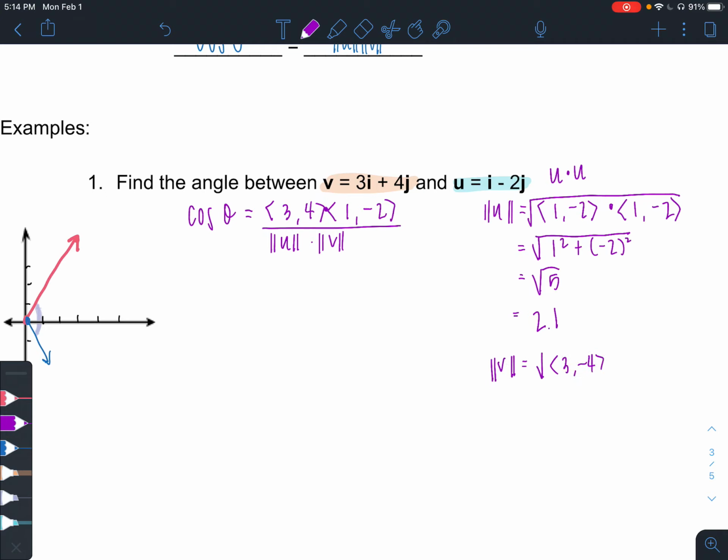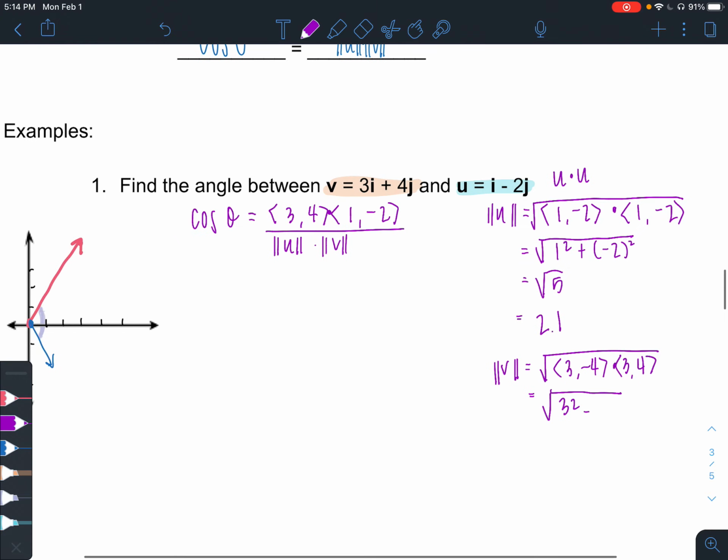So here's v, so then we have the square root of 3 squared plus 4 squared. Oh wait, it should be plus 4 squared, geez. So that's going to equal the square root of 25, which is 5.